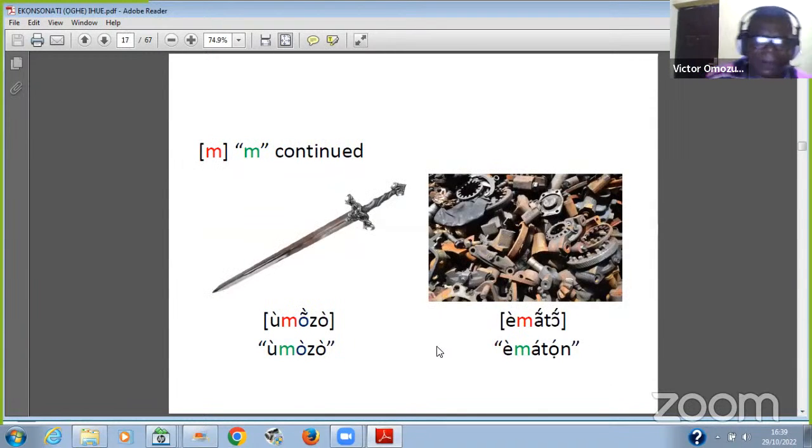Then you can see again in Umozo, the O is now nasalized. Ordinarily, the O doesn't have a corresponding nasal vowel.